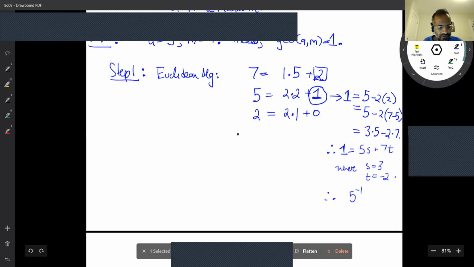I'll just write it in words. I'll just say the inverse of 5 modulo 7 is 3, which is what we found out earlier.